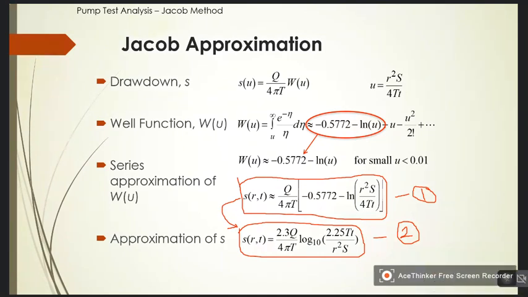See, it is very simple. What you have to do is, you have to convert that minus 0.5772 also as a log of something. So if you write log x is equal to minus 0.5772, what is x? ln of x, all of you note it, ln of x is equal to minus 0.5772.